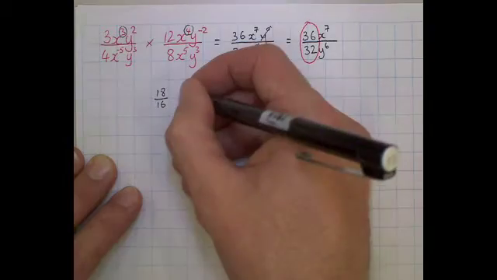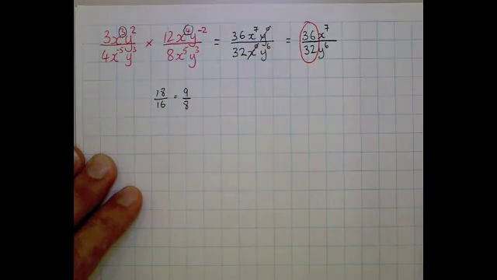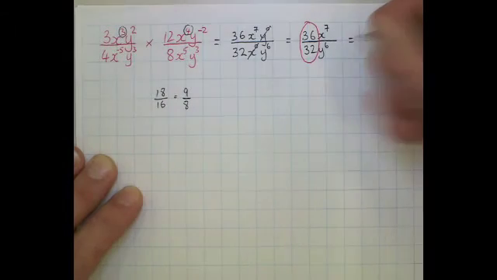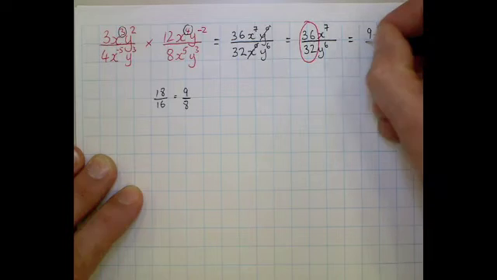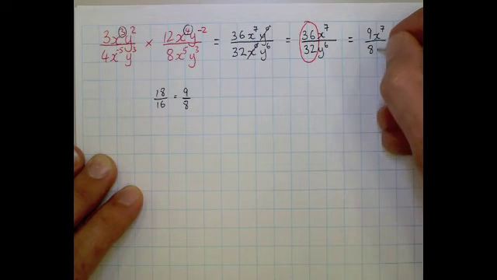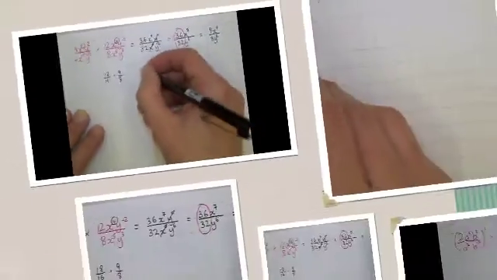They're both even, so we can halve them again to get 9 over 8. Now we can't go any further than that, so that's our fraction reduced. So we're going to have 9 on top and the 8 on the bottom, and associated with that 9 is the x to the power of 7, and y to the power of 6 is next to the 8. And there we have our indices simplified.